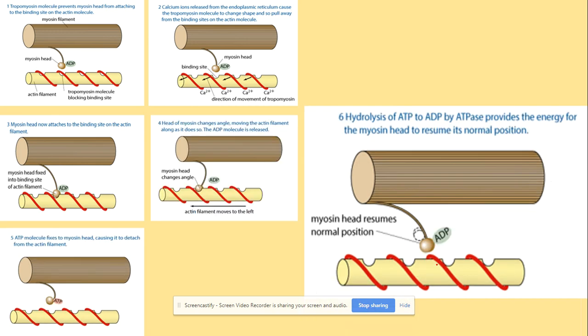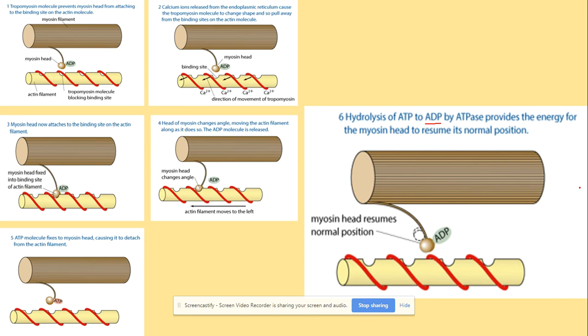And obviously, what we want now to happen, we need to bring this myosin head to its normal position, so it will be ready for the next contraction. So what do we need for this? We need the hydrolysis of ATP to ADP by ATP synthase. So that will provide the energy for the myosin head to go back to its normal position.